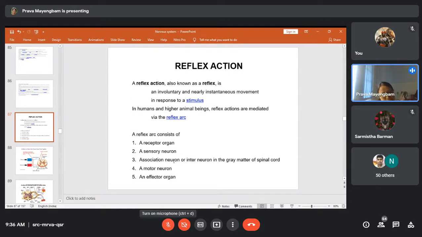Then from this association neuron, through the spinal tract, it will come out as a motor message through a motor neuron. This motor neuron will give the signal to an effector organ. That effector organ will exhibit an action in the form of a response.